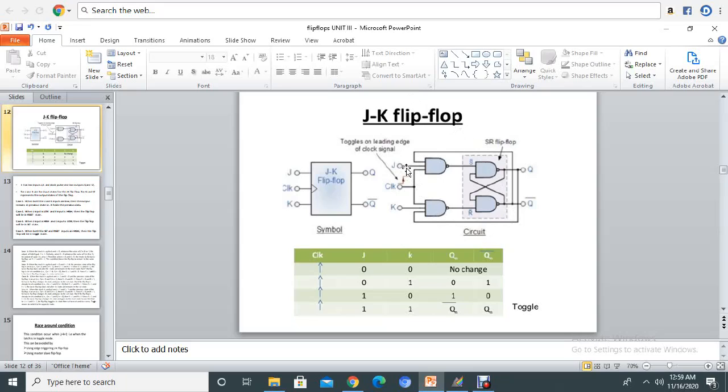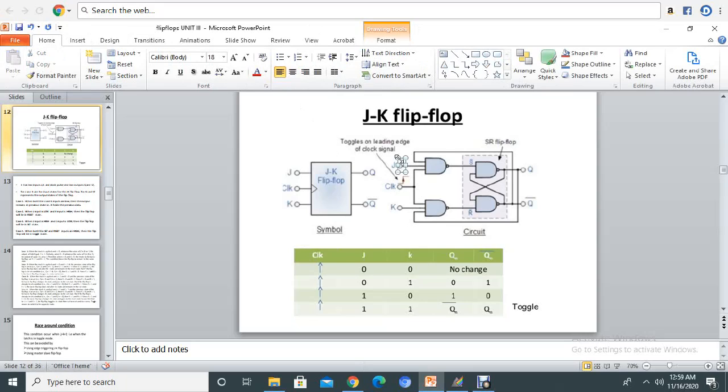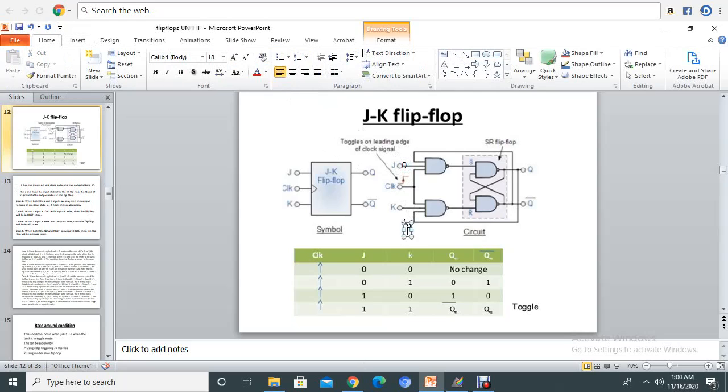Now J is equal to 0, K is equal to 0. Now I am applying clock pulse.